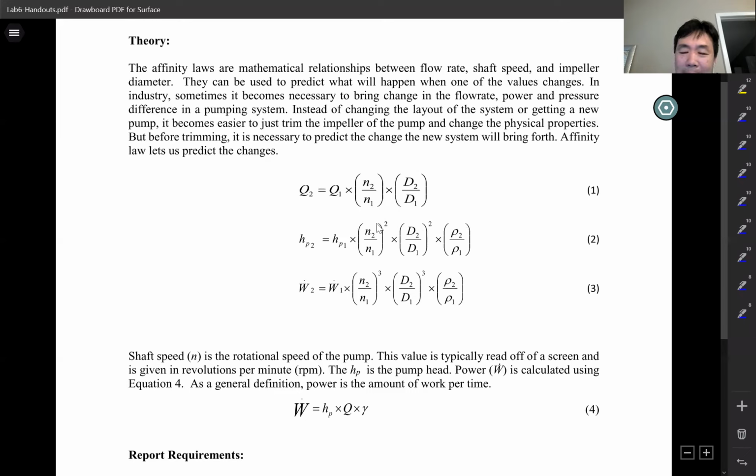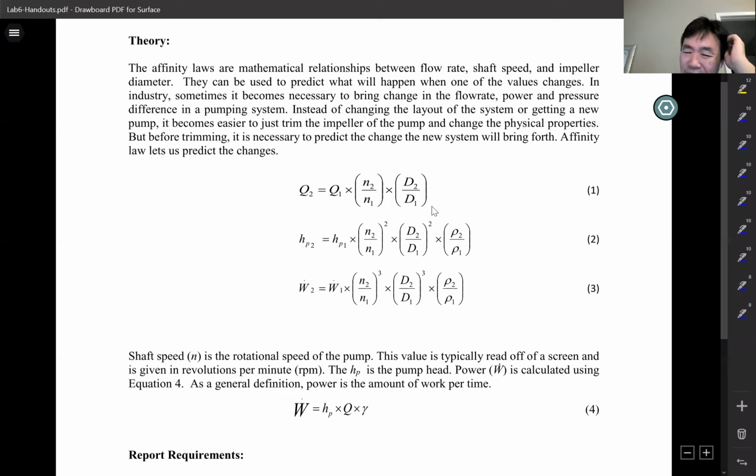N2 over N1 will be the same if you keep the same RPM. If you run the same fluid, rho 2 over rho 1 is still 1. So the pump head ratio between the new one and the old one will be the diameter ratio squared.